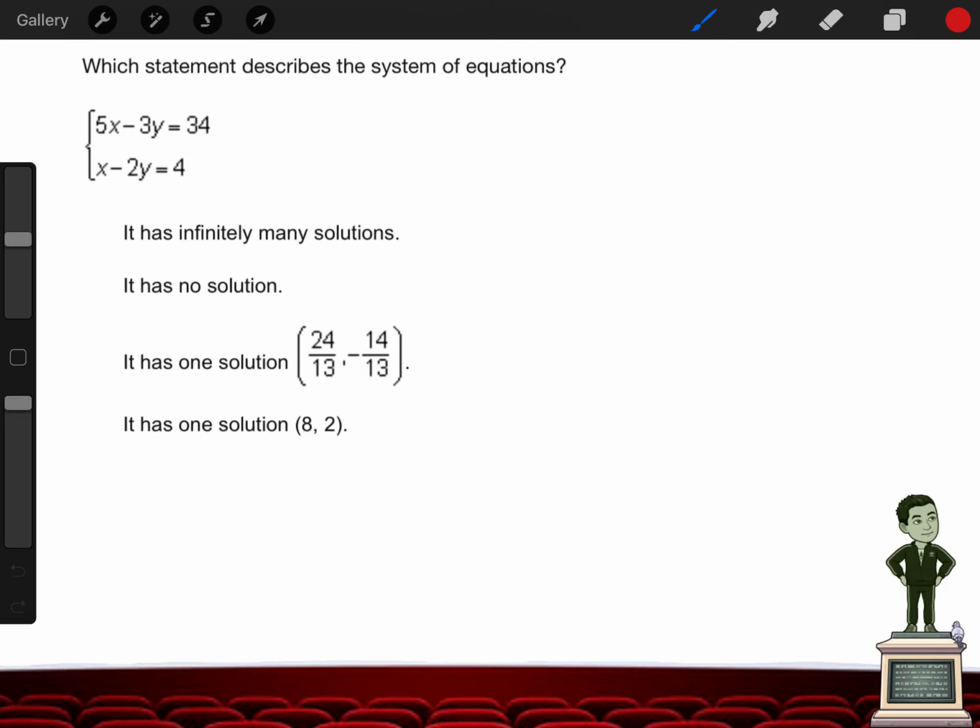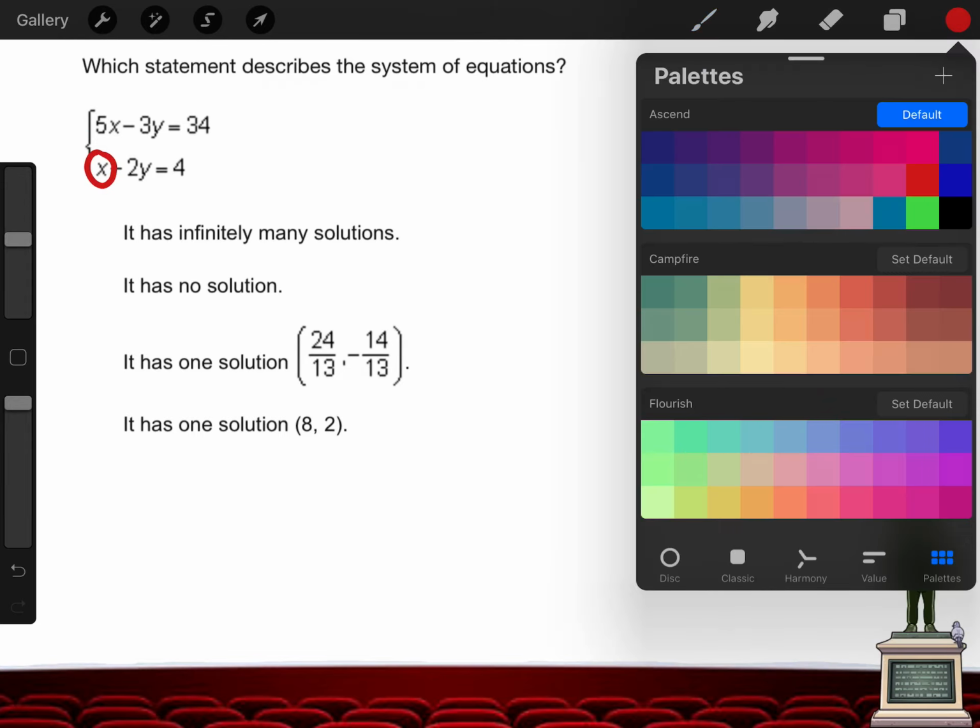All right, so let's look at the next one. Which statement describes the system of equations? For this one, you're going to go ahead and solve it. Isolate this x, okay? Use a different color.